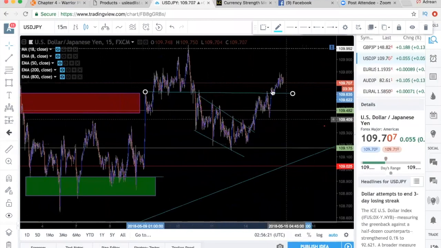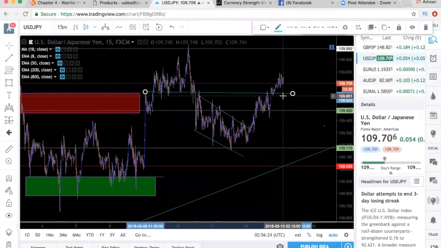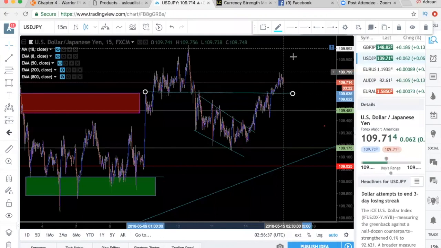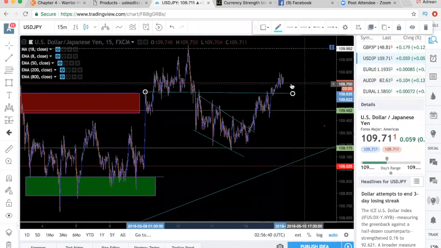But this one is more unclear right now. So if this is your pair, pay attention to it. Always check on your pairs. That's what I do. I'm always aware of where I'm at, and I try to look for pairs that are already trending.